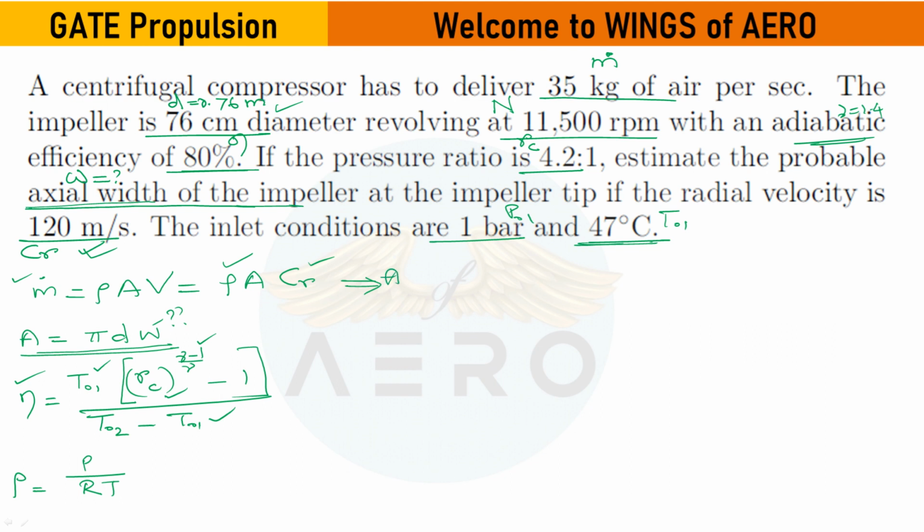So we can find the area as m dot by rho CR. Once we find the area, we will equate it with pi D W. D is also known, so from here we will find W. You can find that out.